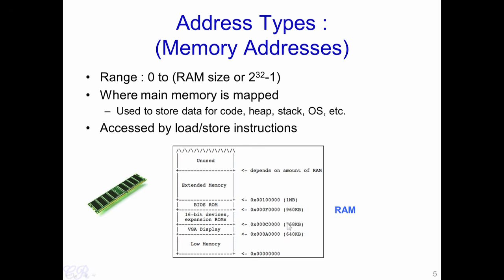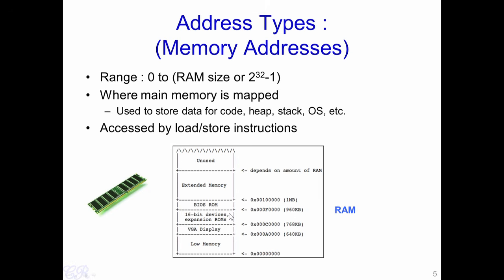The region from 768 KB to 960 KB was known as the 16-bit expansion ROMs. So, these also were legacy aspects present in legacy computers, and it is pertaining to every device that is used.